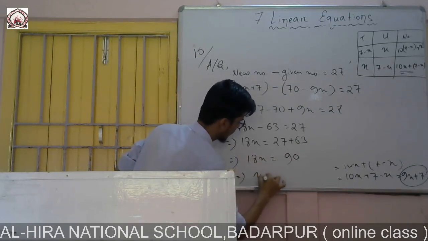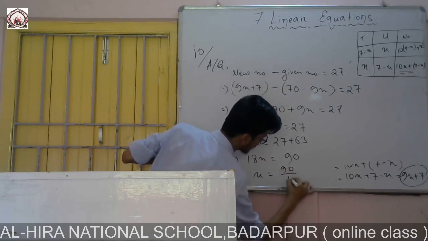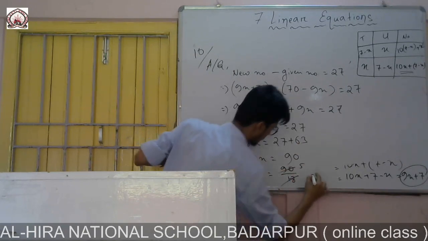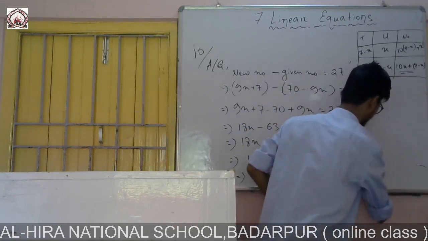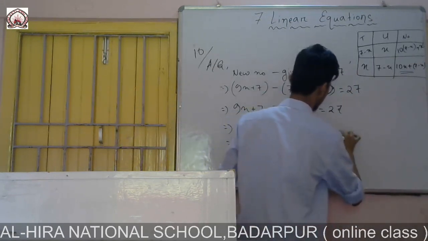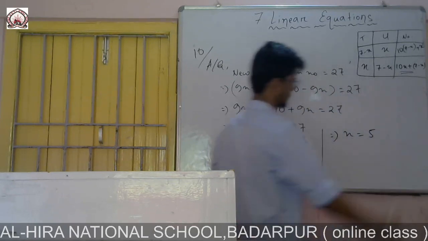So we know 18 fives are 90, so I can cancel it with 5. That means the value of x is 5. Implies x equals 5.